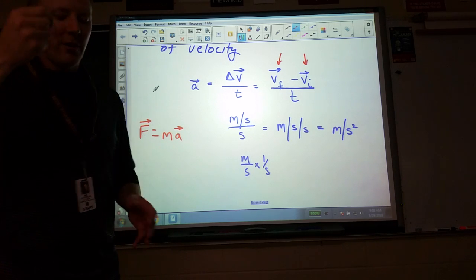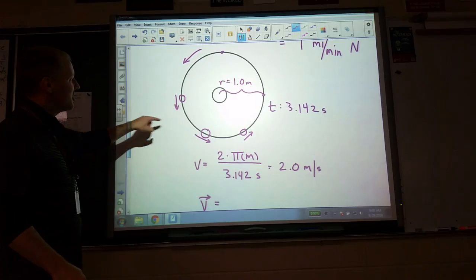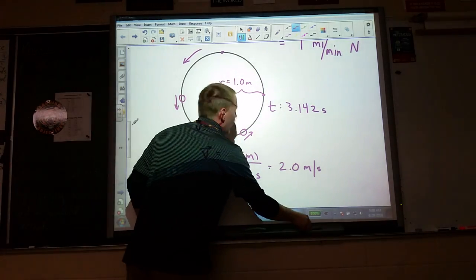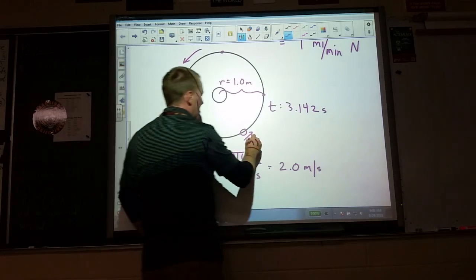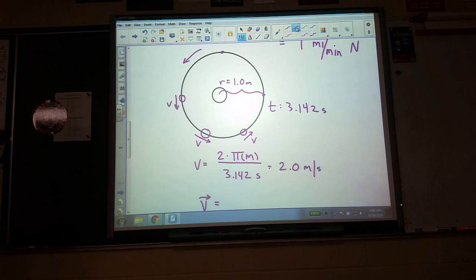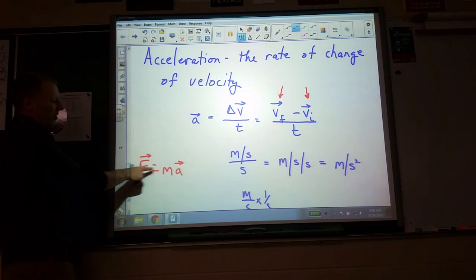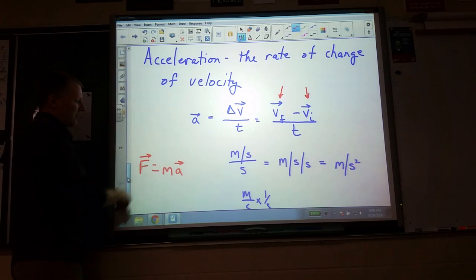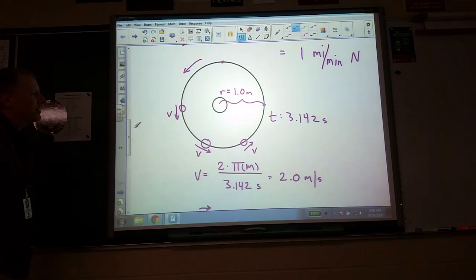So consider that. If we go back to my drawing here, we're changing the velocity here at all of these points. The string is applying the force, and from down here, this sort of implies that they're in the same direction because there's no other vectors to change the direction. What direction am I applying force on this thing as I'm spinning it?